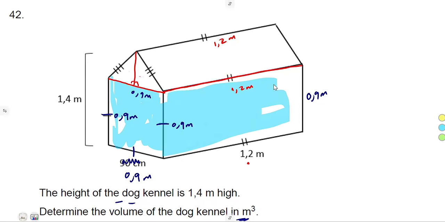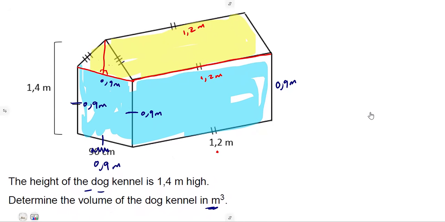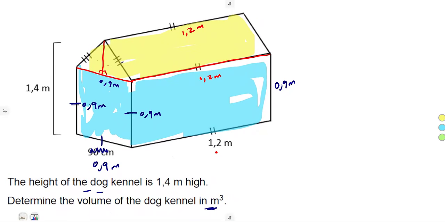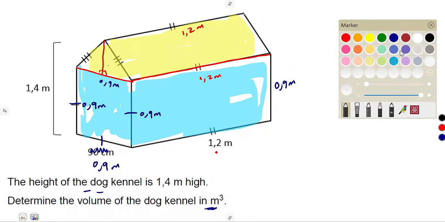Then above, the cross section is a triangle. So there are two things to be considered: a triangular prism and a rectangular prism. That will be our total volume of the whole dog kennel.